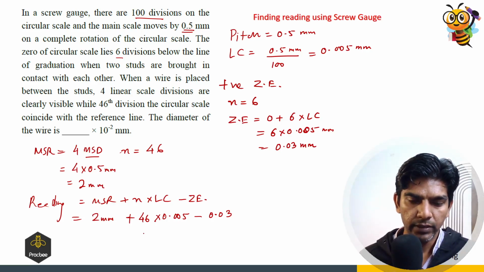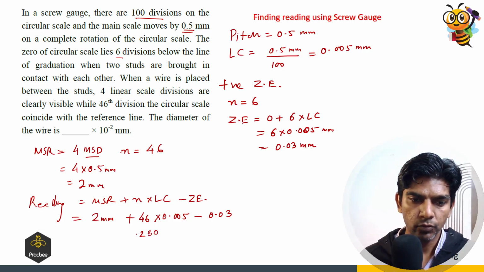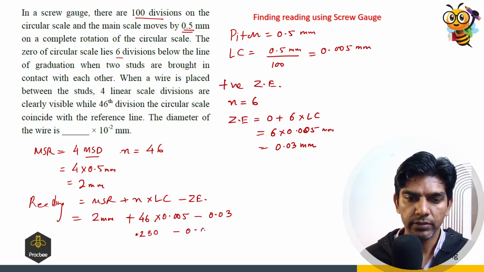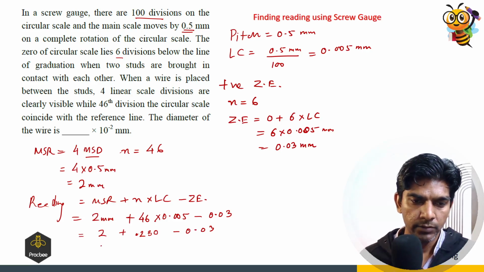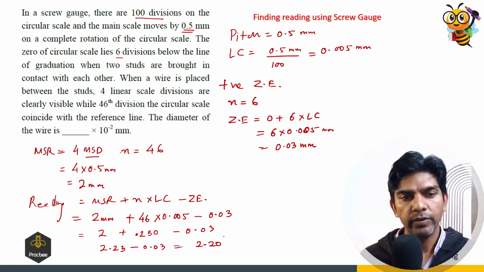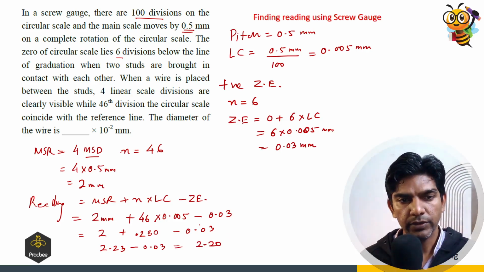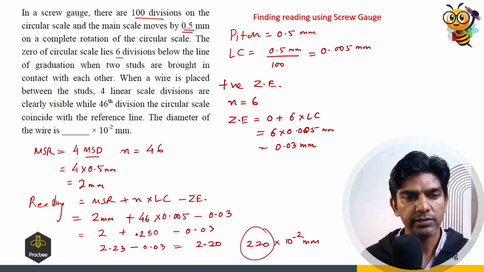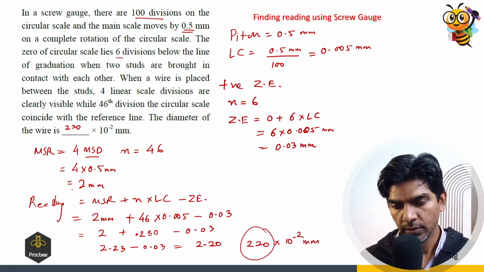So this will be 2.23 minus 0.03 plus 2. So 2.23 minus 0.03, so that comes out to be 2.20, and we have to find answer in millimeter only, so that can be written as 220 into 10 raised to the power minus 2 millimeter. So 220 is the answer of this question.